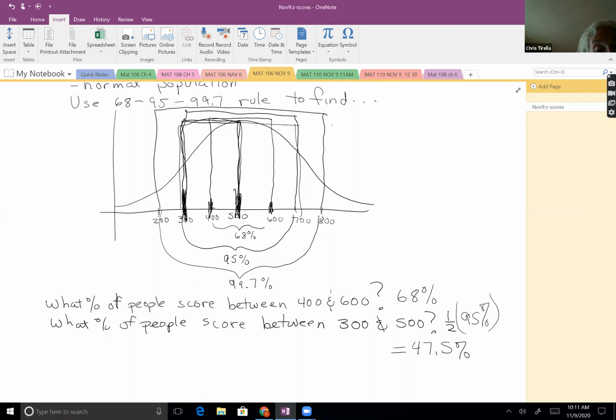Then let's look at what percent of people are between, let's say, 600 and 700.